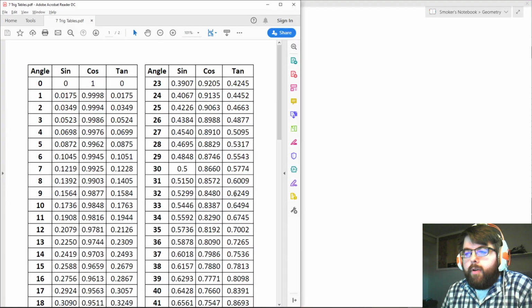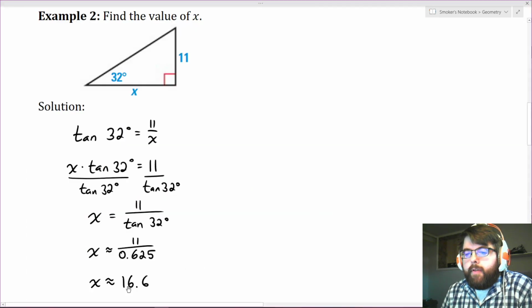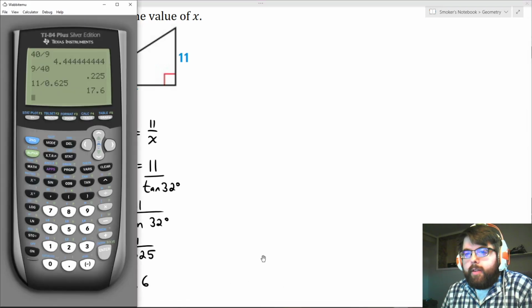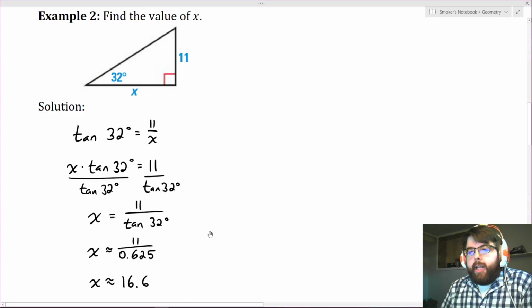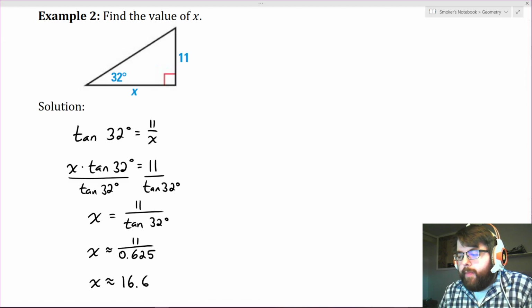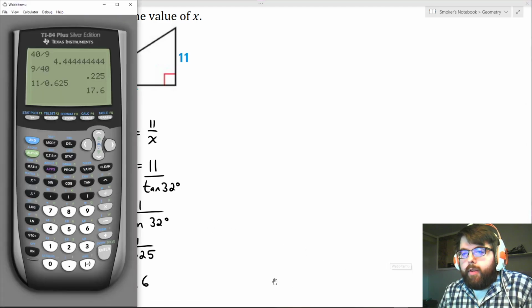I think I wrote the answer wrong, because I have 17.6. Alright, I'm going to double check this. If I do tangent of 32 degrees, I get the tangent, mode. Oh, that might be my problem.